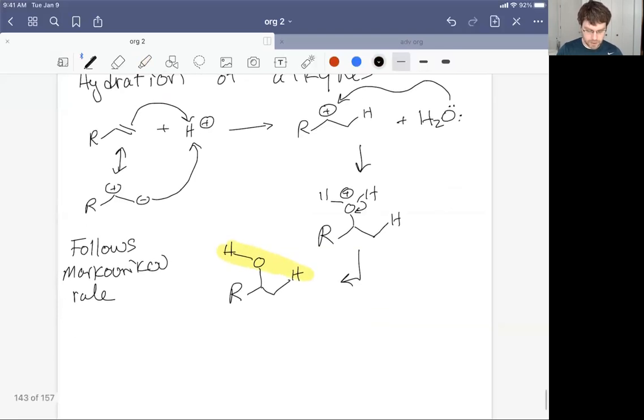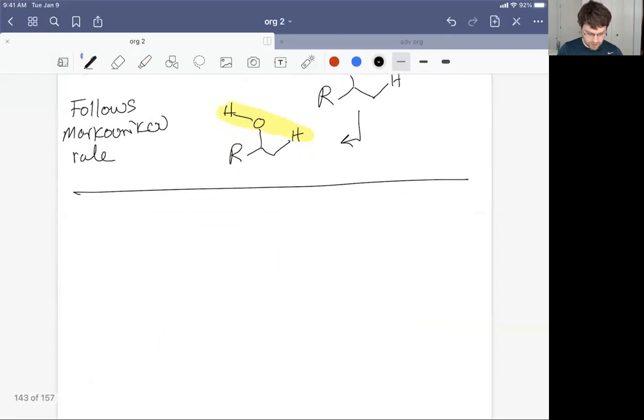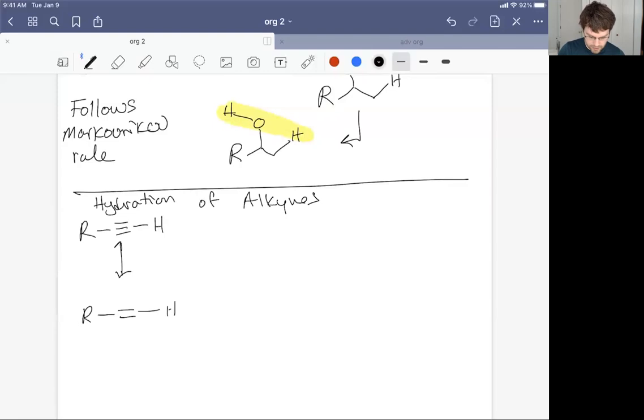Okay, so we have our alkyne version of this reaction, which has similar characteristics. That is, we could have one side being an unsubstituted alkyne, and I'm going to put a title in here: hydration of alkynes. What we could consider is a resonance structure, still linear, where we have a negative charge on one side and a positive charge on the other side.